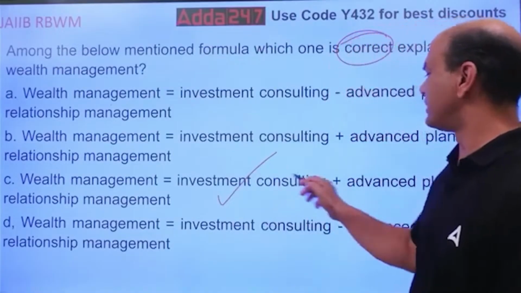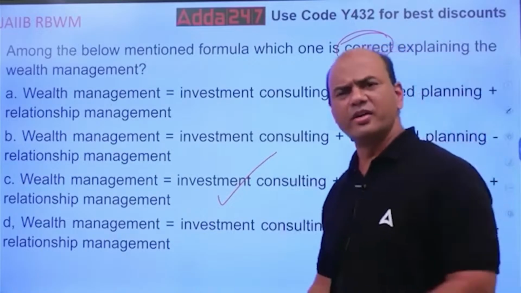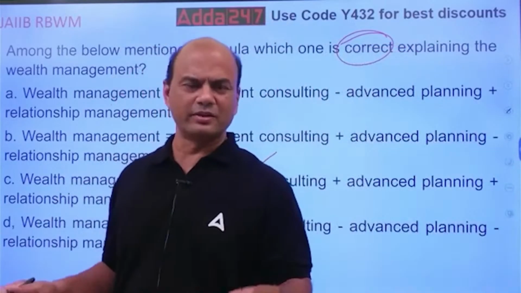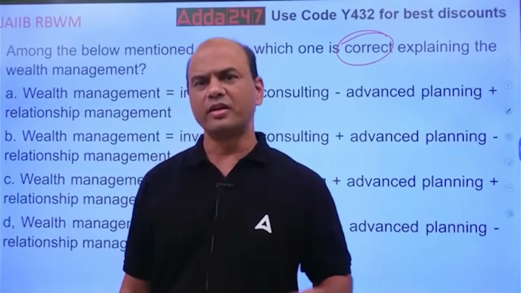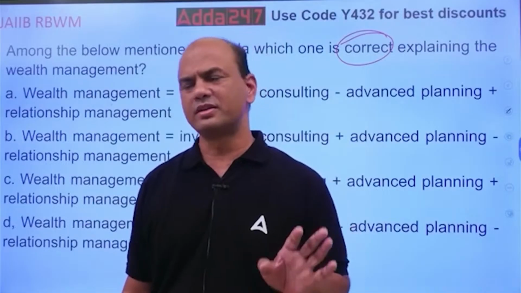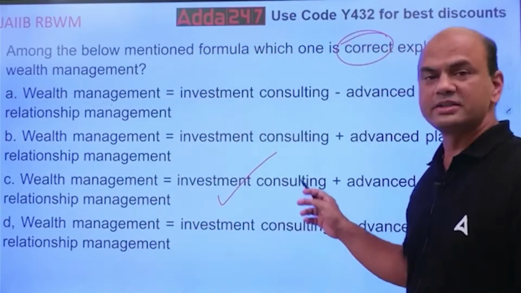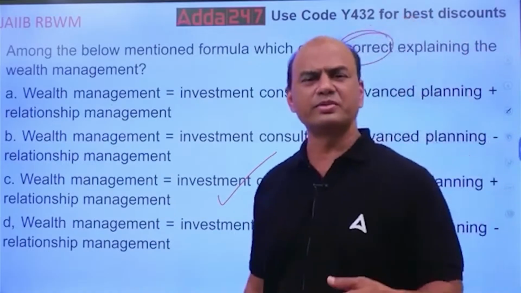Although it's given in the form of a formula, after all it's a definition of wealth management. Investment consulting plus advanced planning plus relationship management. Everything is required. Whenever you are in business, not only wealth management, let it be any business. You require investment consulting, which means you have to speak to the client and constantly be in touch with the client.